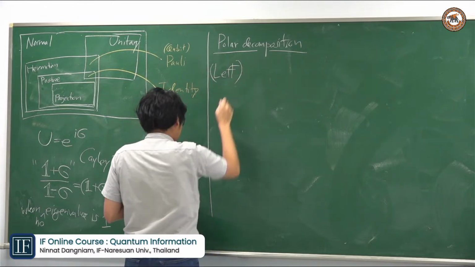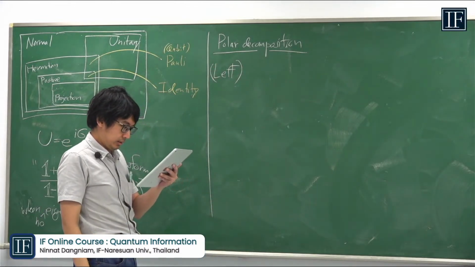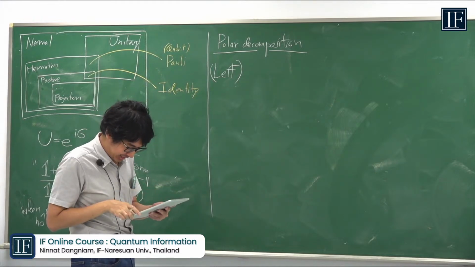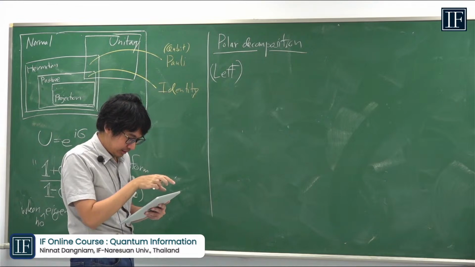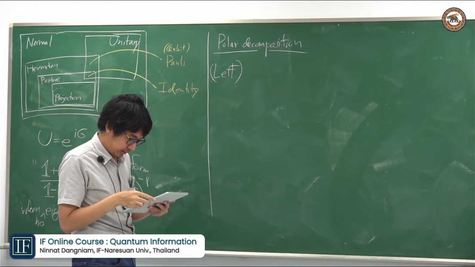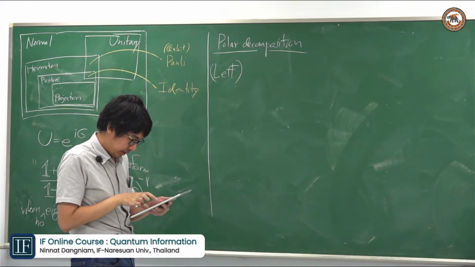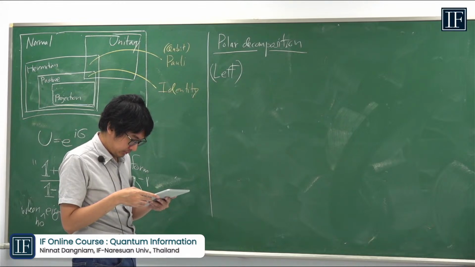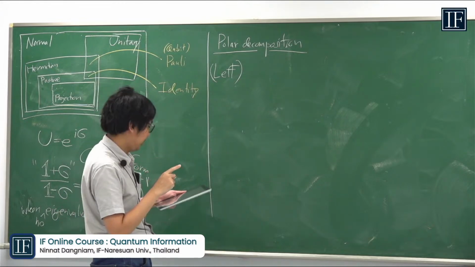So for example, okay, which one is called left and which one is called right? Left is PU.